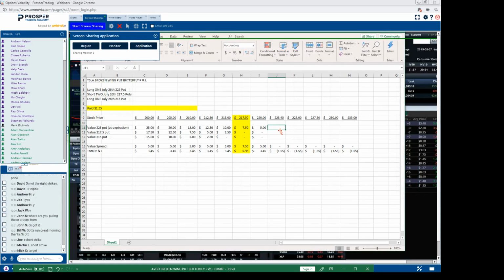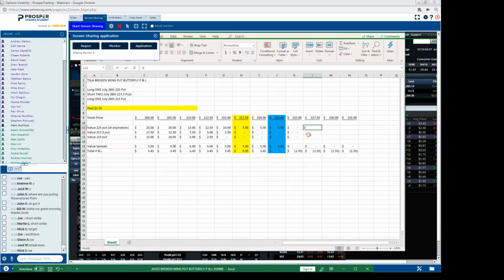Now, what's so special about 223.45? Exactly. Break even. Okay, and then you'll see as we go up here, regardless how high we go up, our losses are capped out at the price that we pay for the spread.